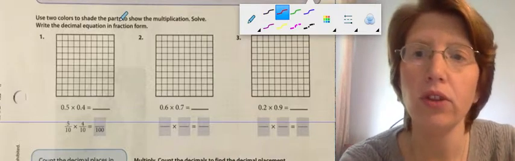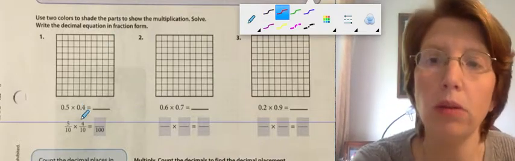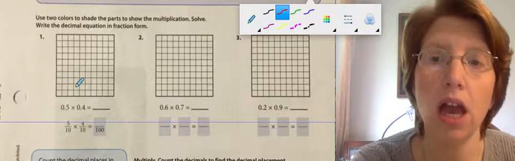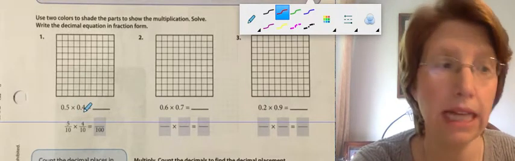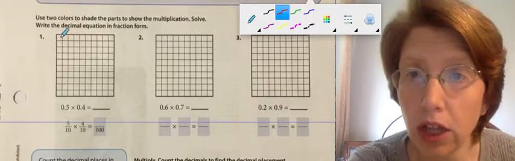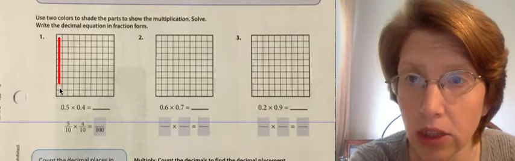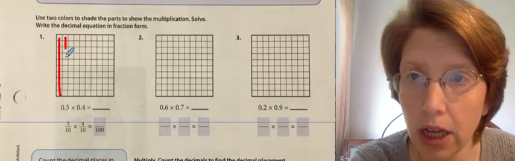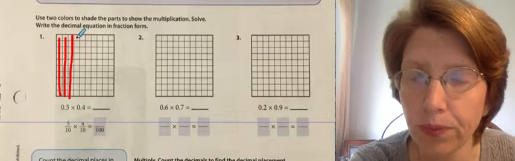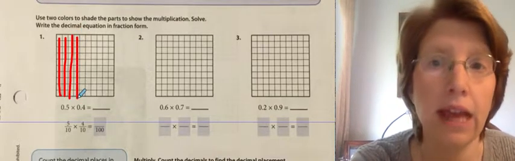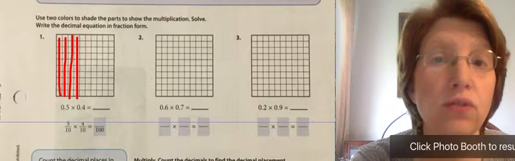I'm going to get a red for the first part. Now, this problem is 5/10 of 4/10. So we want to color in the 4/10 going down this way. So I'm going to color in 4 of these rows. That's 4/10.